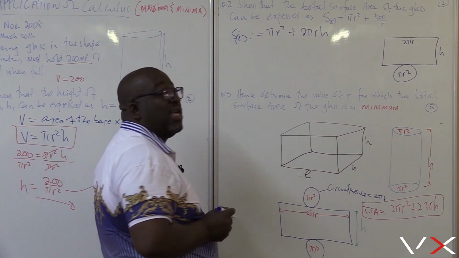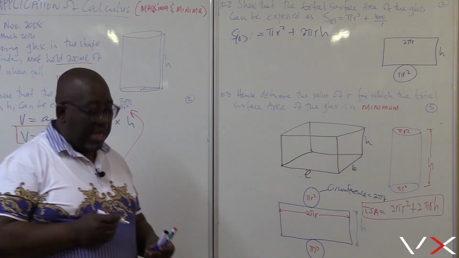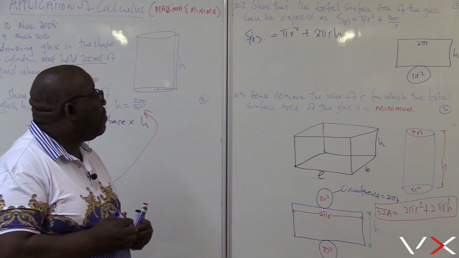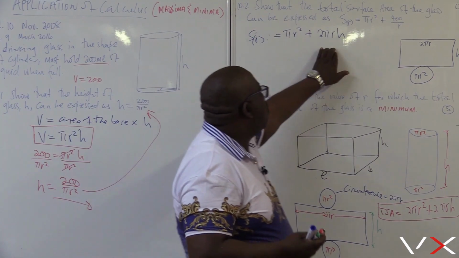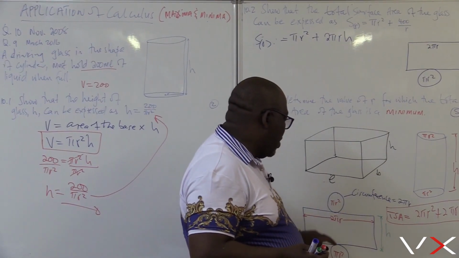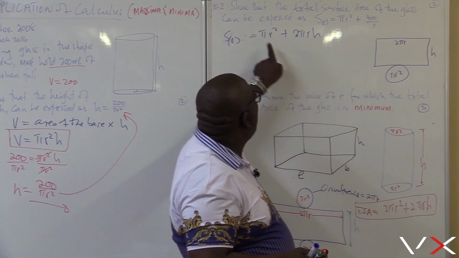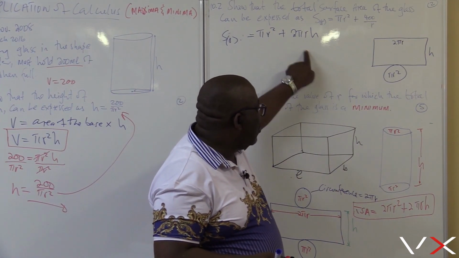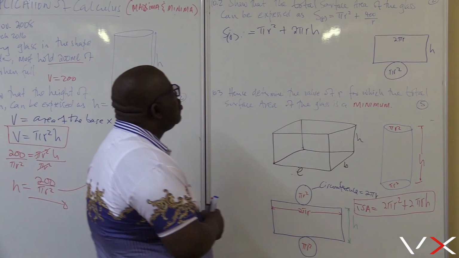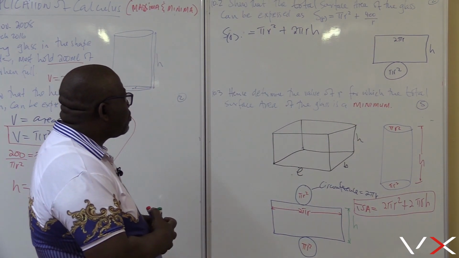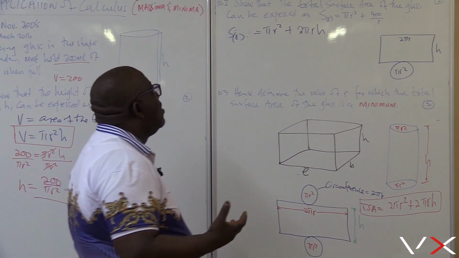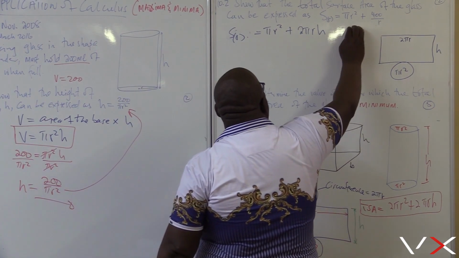This is the total surface area that makes this drinking glass. There are only 2 surfaces, unlike this one, where there were 3. Hence, there is only 1 pi r squared plus this other one, which is the same as in that one, 2 pi rh. That's what we have.